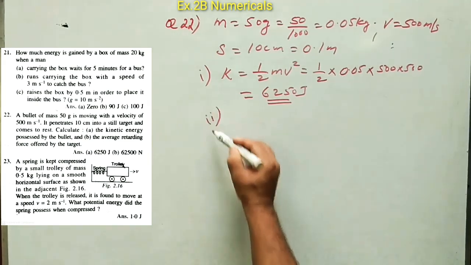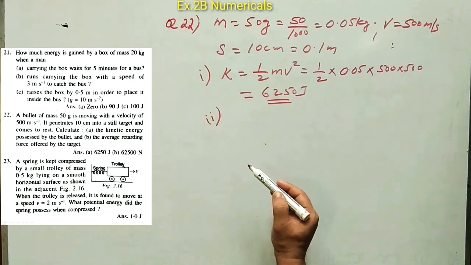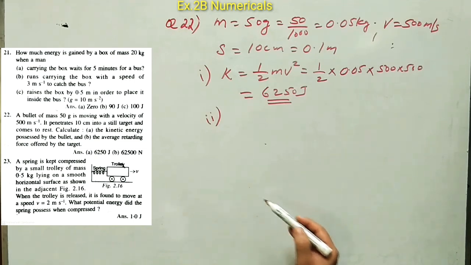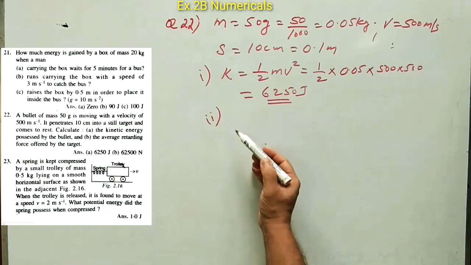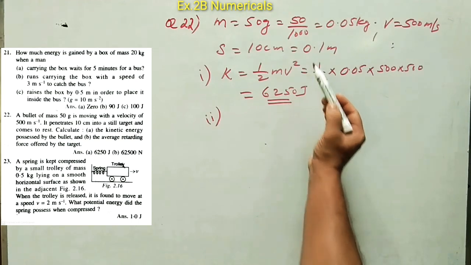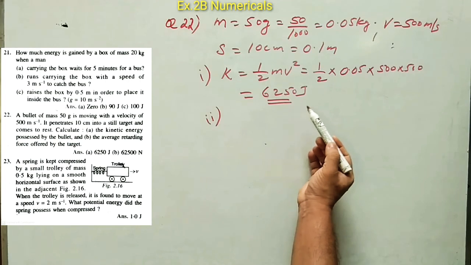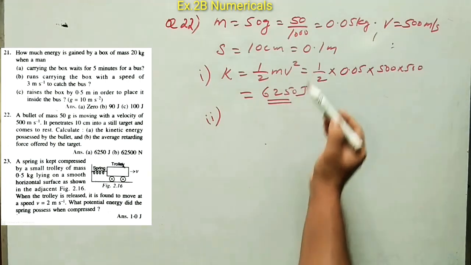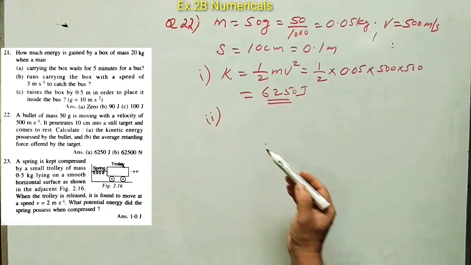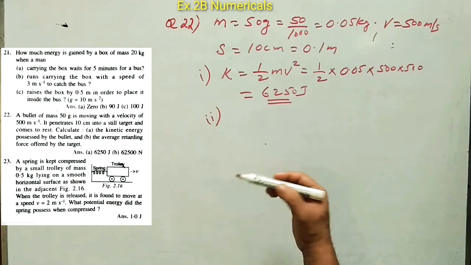Now in the second case, the bullet hits the target and you have to calculate the average retarding force offered by the target. Clear? Now the bullet comes and hits the target and penetrates through a distance of 0.1 meter. Now the bullet will experience a retarding force offered by the target, that you have to calculate here. Clear? So when the bullet penetrates through the target, the bullet is doing certain work against the material of the target.